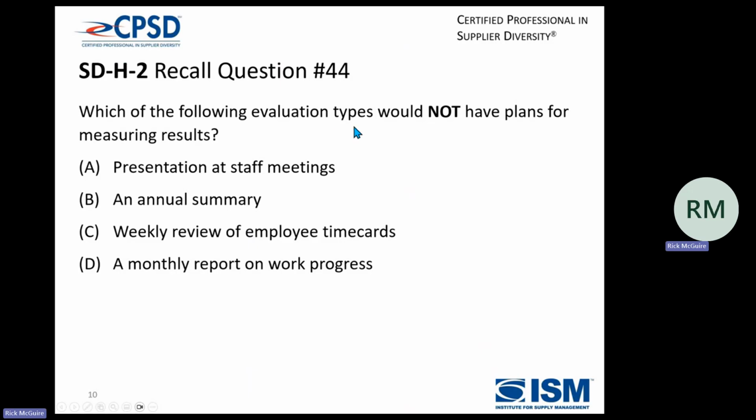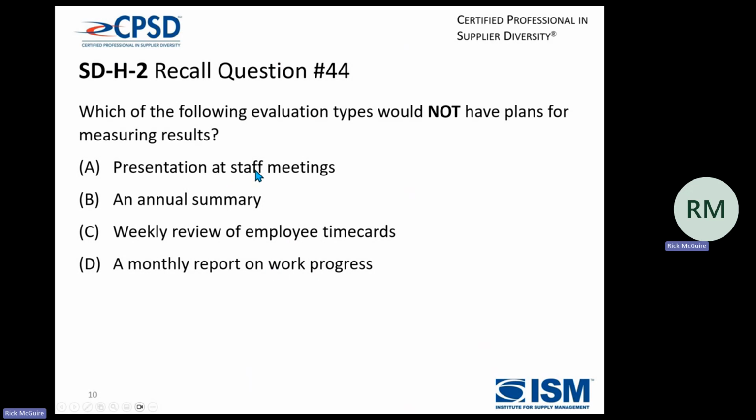Which of the following evaluation types would not have plans for measuring results? Presentation at a staff meeting, an annual summary, that would. Weekly review of employee time cards, that would. Monthly report on work progress, that would.